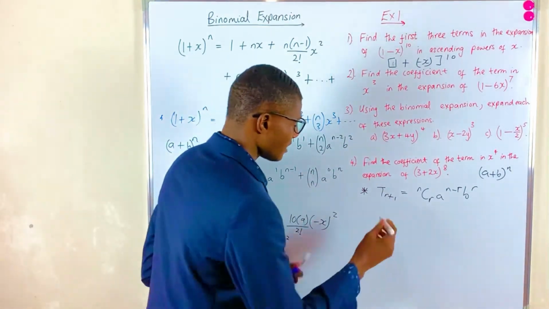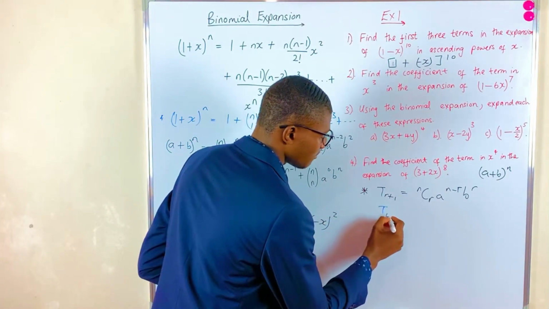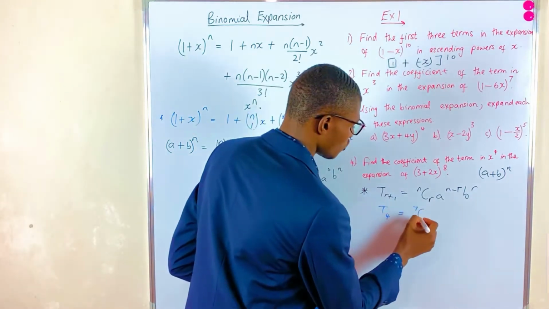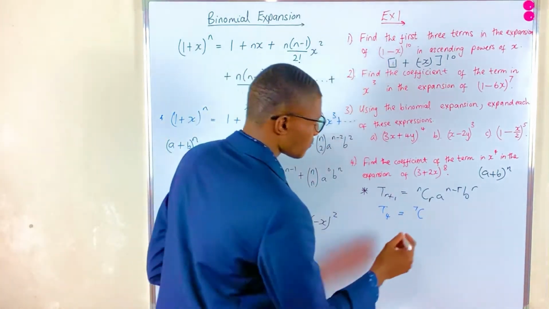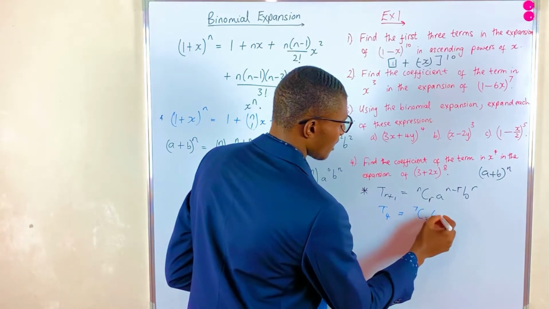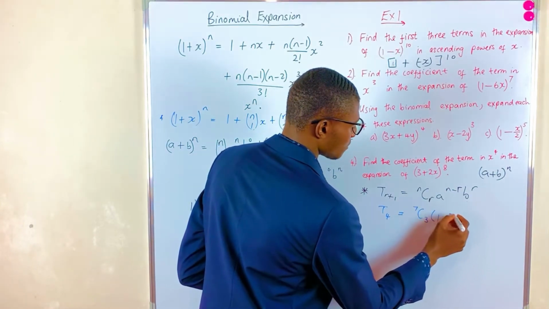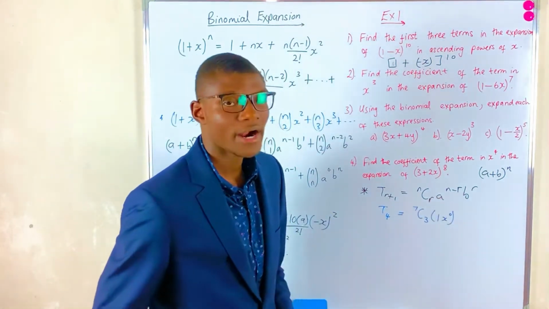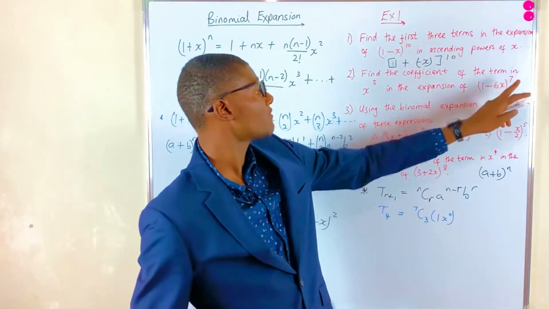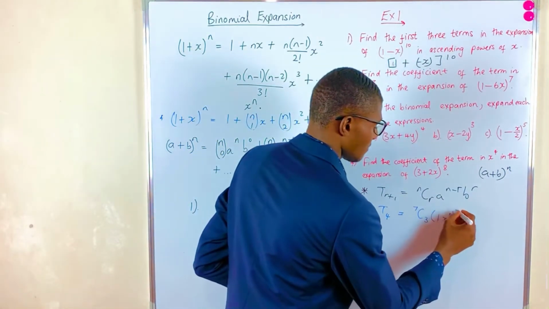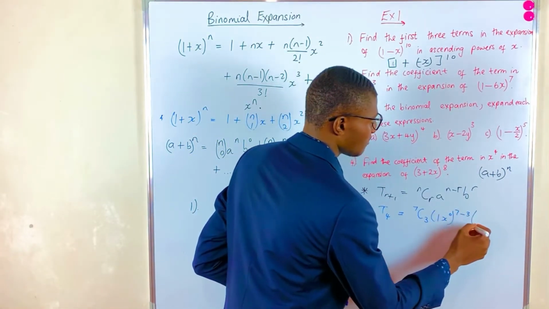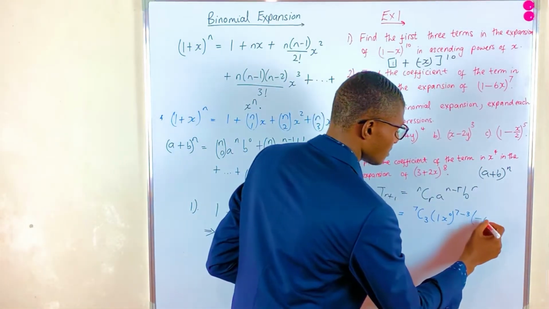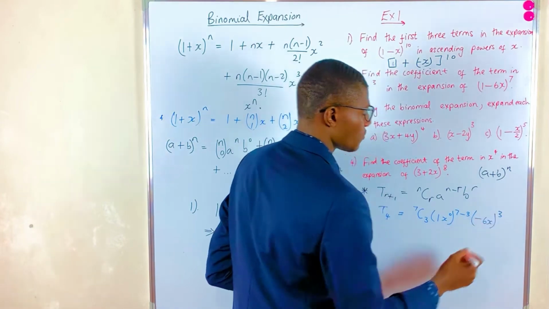So t 3 plus 1, which is 4, is equal to 7 choose r, where r is 3, multiplied by a, which is 1, to the power of n minus r, which is 7 minus 3, then b to the power of r, b is minus 6x, so minus 6x raised to the power of 3.